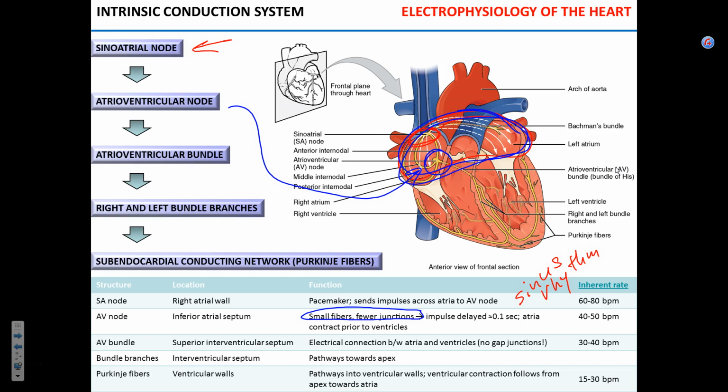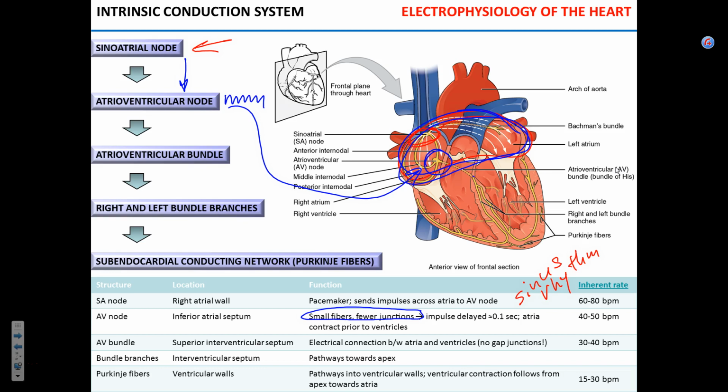Does that make sense to you? So basically the signal goes from the SA node to the AV node, and then it stalls for a little bit here. Just stalls. Like you rush a bunch of people through a really narrow door. Does that make sense?